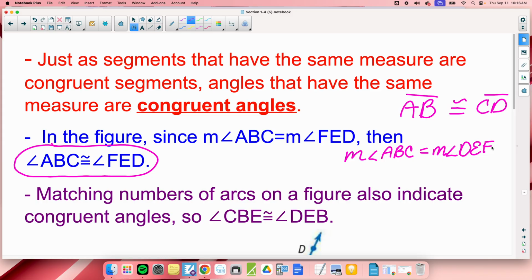If I instead wanted to say that those two angles were congruent, I take the M's off and I say angle ABC is congruent to angle DEF. So this is referring to the angles, this is referring to their measures, okay?